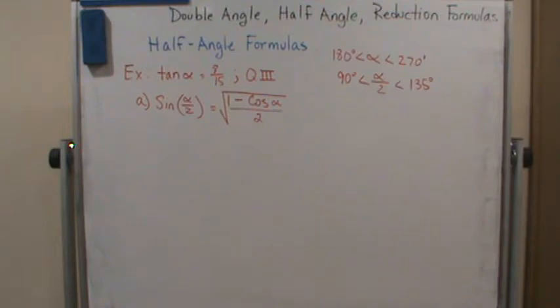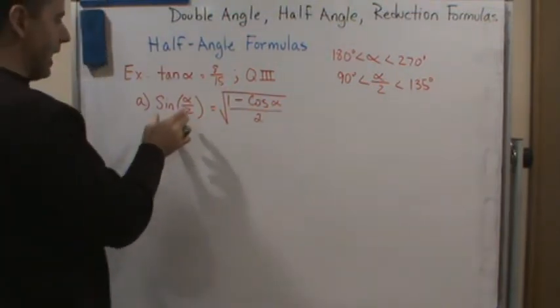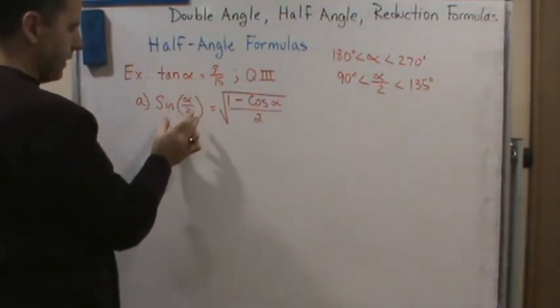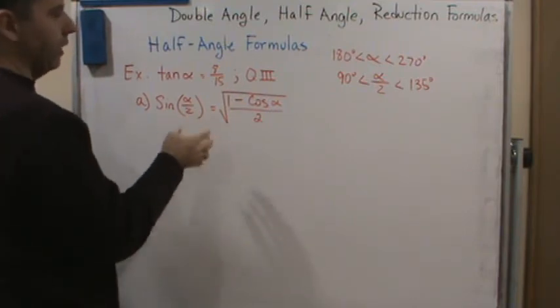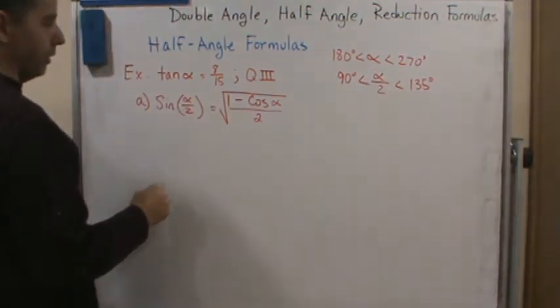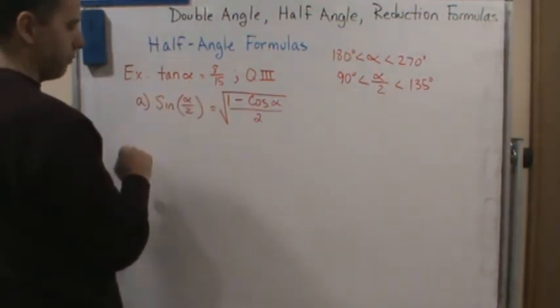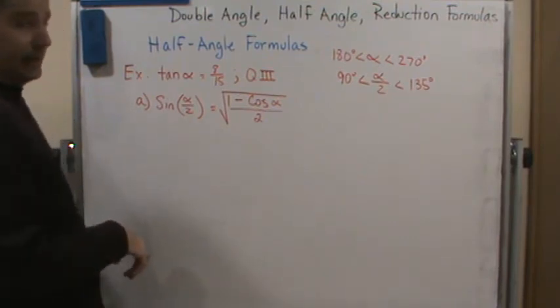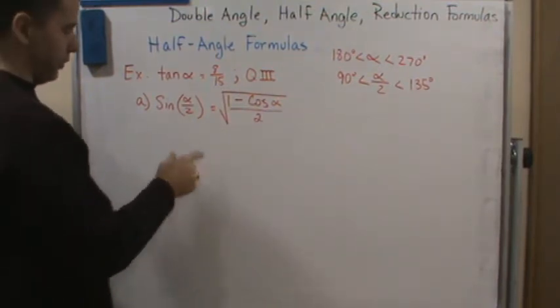So the terminal side of alpha divided by 2 is in quadrant 2. Sine in the third quadrant would be negative, but remember, that's alpha. Alpha over 2 terminates in quadrant 2, so this is going to be positive.